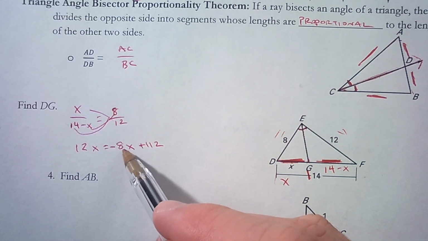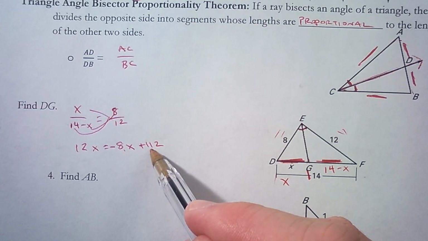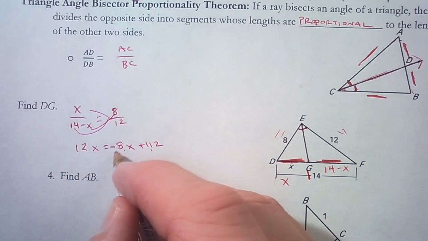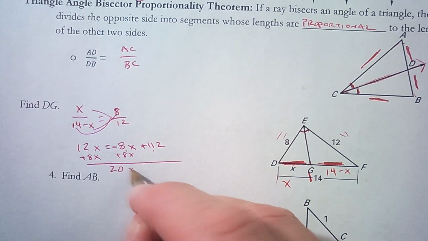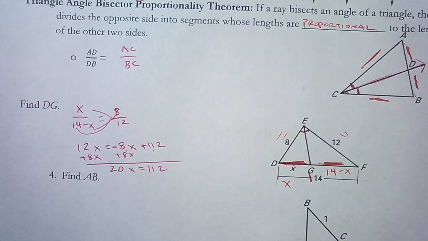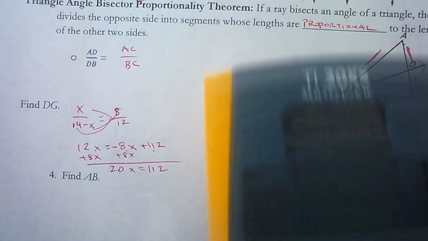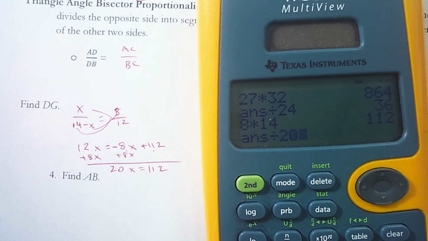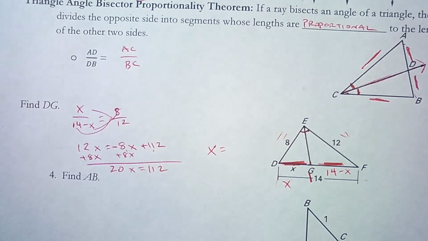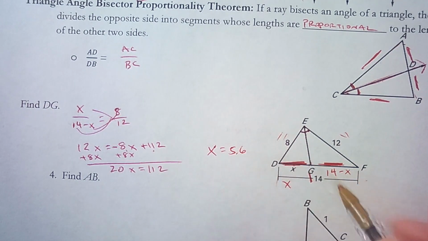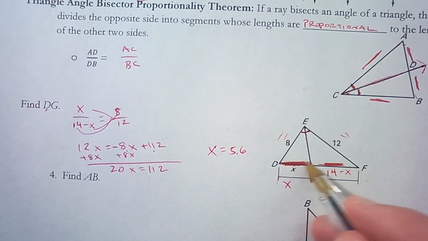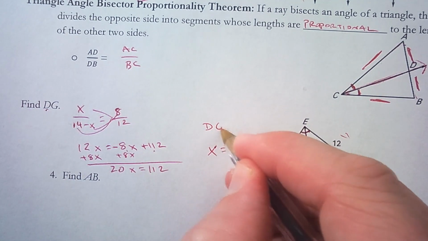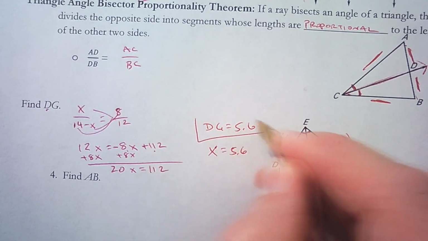Now I can add the 8X, and I get 20X equals 112. Then I can divide by 20. So 112 divided by 20, and I get 5.6. So X is 5.6. What I'm looking for is the length of segment DG. Segment DG is X, so segment DG is 5.6.